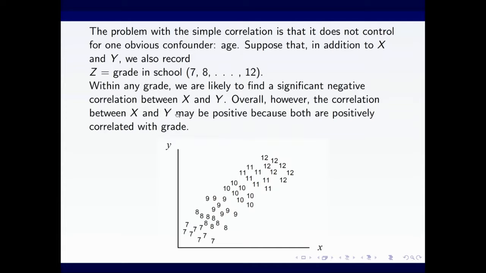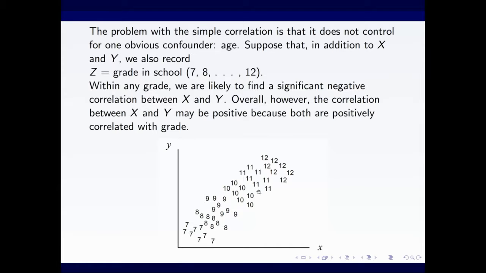However, the correlation between X and Y may be positive because both are positively correlated with grade, which means that if you have a higher grade, your math achievement test score may be higher, and if you have a higher grade, your alcohol use may be higher. This graph shows this phenomenon.